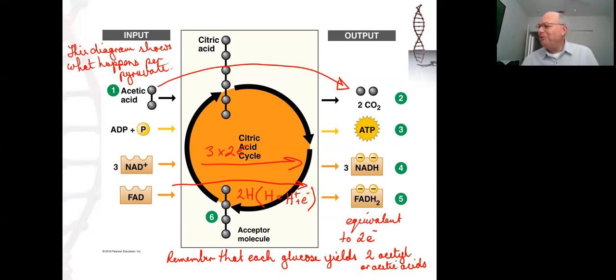And yes, I didn't mention the ATP, but notice we do get ATP, and this is again substrate level phosphorylation.